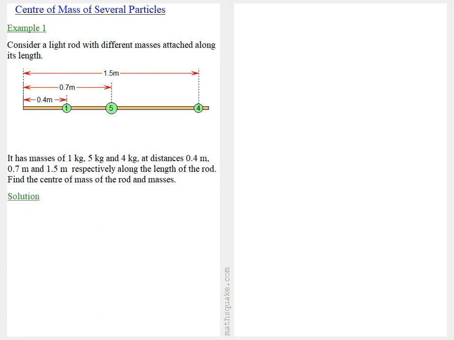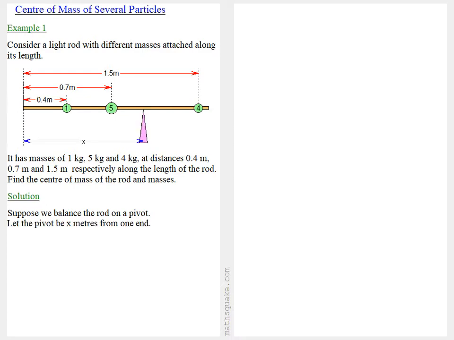Well, to solve it, suppose we can balance the rod on a pivot. Let the pivot be x meters from one end, and then we can take moments about the pivot. Taking the anti-clockwise moments, we first have a 1 kilogram weight, that's 1g, acting at a distance of x minus 0.4 meters from the pivot.